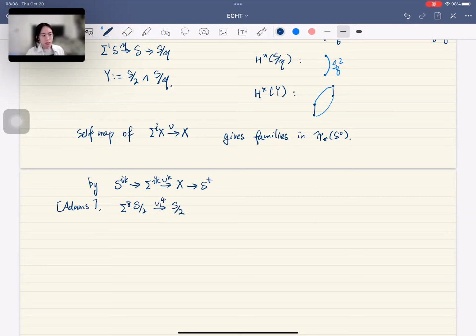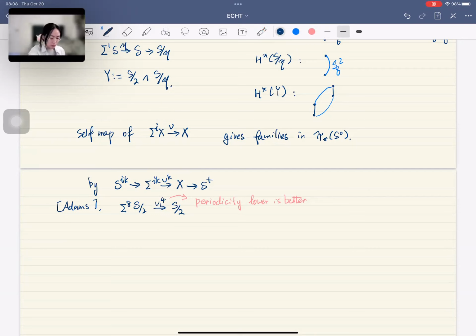That is already very nice, but there is a tendency to want to make the periodicity index as low as possible, because if we have a lower periodicity, then we get more freedom when we construct this family.